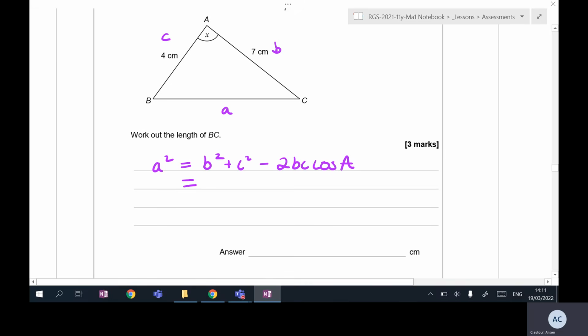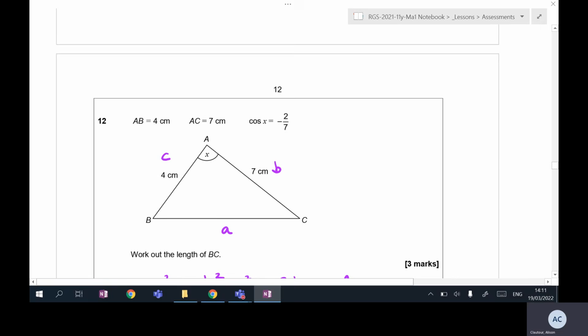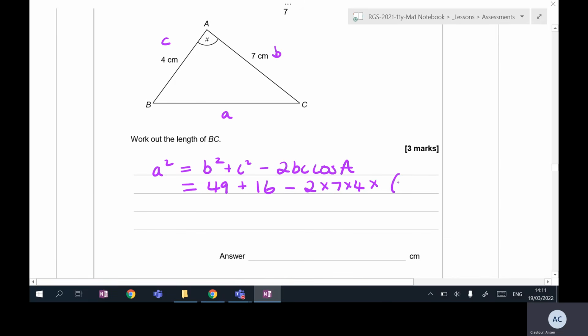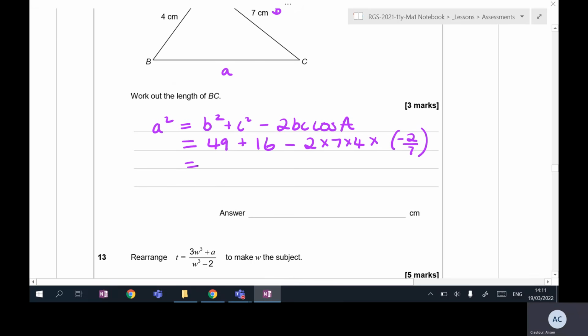Okay, so b is 7, so 7 squared is 49, c is 4, so c squared is 16, 2 times 7 times 4. Okay, and then cos a is cos x is minus 2/7. So 49 add 16 is 65.